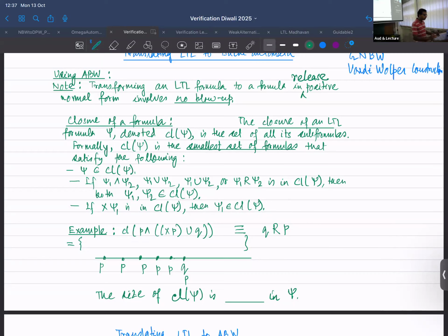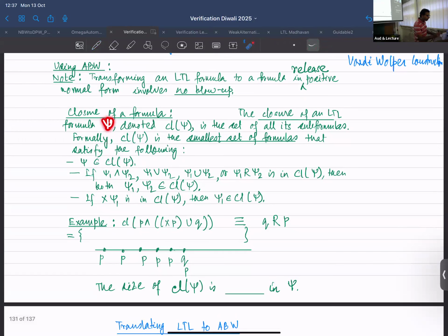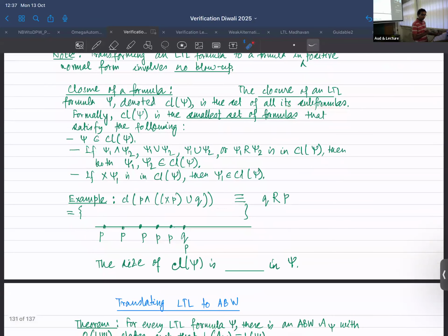Let's look at what is meant by the closure. If you are given a formula, let's say psi, then the closure, denoted by CL of psi, is the set of all its subformulas. To define it, the closure of psi is the smallest set of formulas that satisfies the following. Psi itself belongs to the closure of psi.